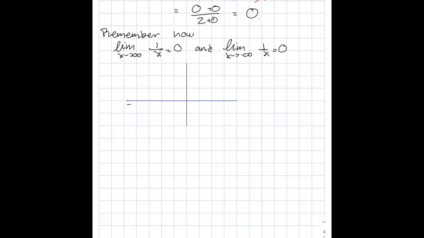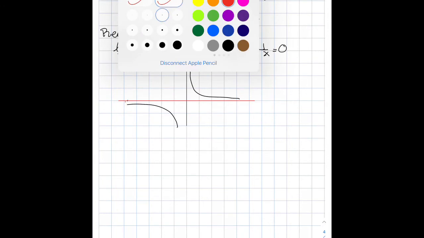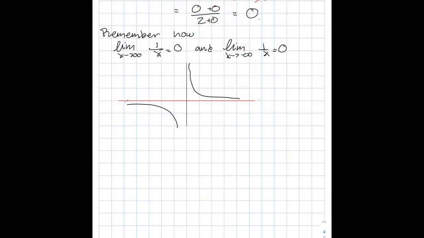And our graph kind of looks like this. So this red line that I just drew, that's y equals 0, or actually the x-axis. And that's also where these limits are going.